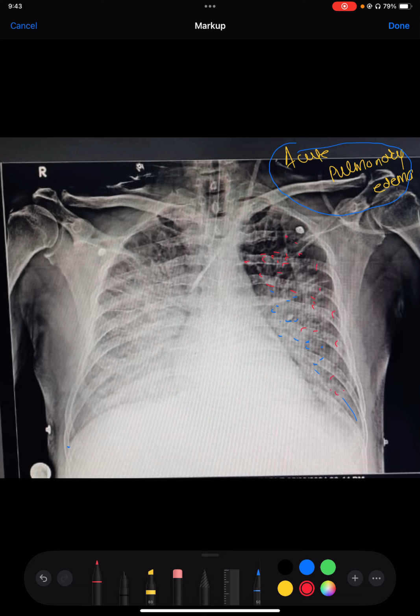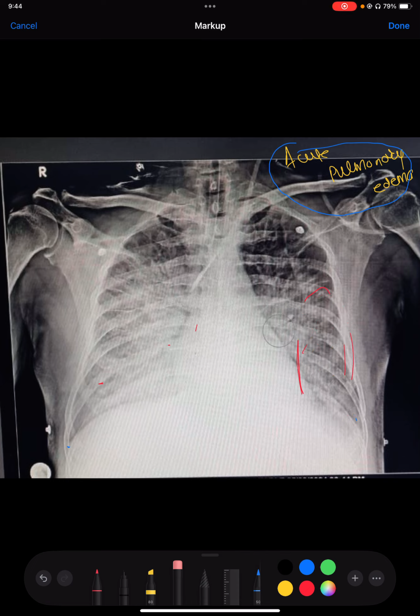This will mostly involve almost all the fields, or at least four fields, and it involves all areas of the lungs. It does not typically involve the perihilar region. If it is consolidation or pneumonia, most of the time it will only have unilateral lung involvement. It usually won't cause this typical perihilar or bat wing appearance.